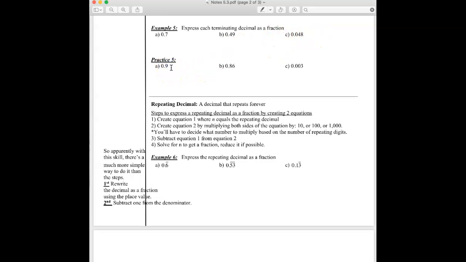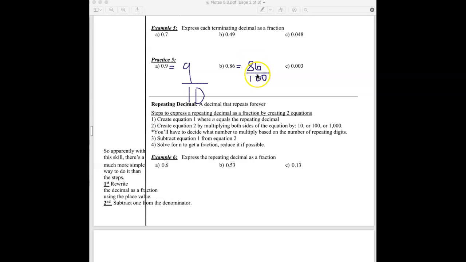And then I said you have to reduce if possible. I'm going to go here now. So this is a 9 in the tenths place, right? So as a fraction, it's 9/10ths. This next one is a 6 in the hundredths place, so my 86 is 86/100ths, and that's definitely reducible, so definitely we're going to want to do that. Don't forget to reduce. These are both even, right?